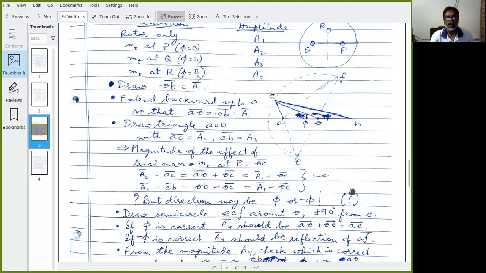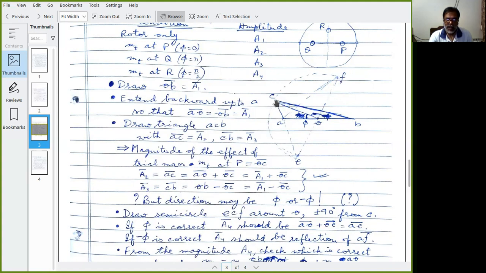So in order to resolve that, we use the fourth reading. Draw a semicircle with OC as radius, extending 90 degrees on this side and 90 degrees on that side.